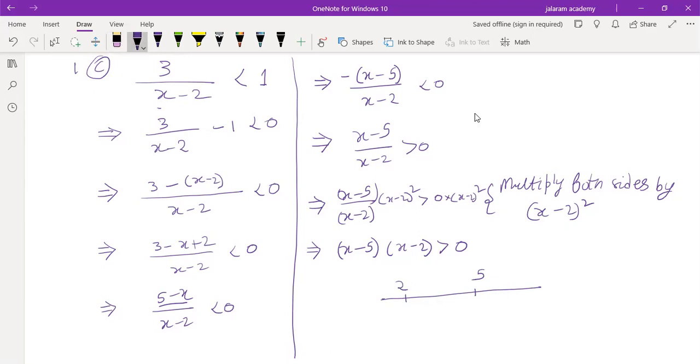So first check. Take a number which is less than 2. Can you tell a number which is less than 2? 1. Now substitute this 1 in this inequation. In rough, you can do this.